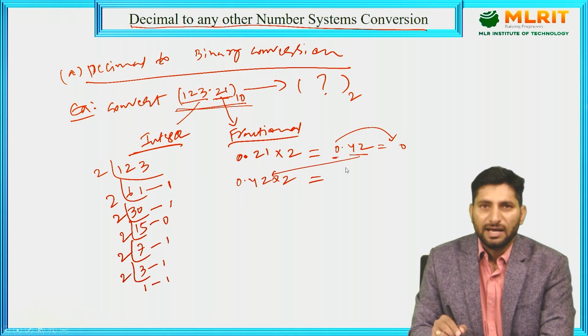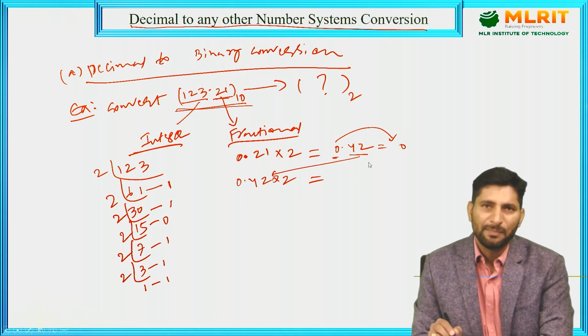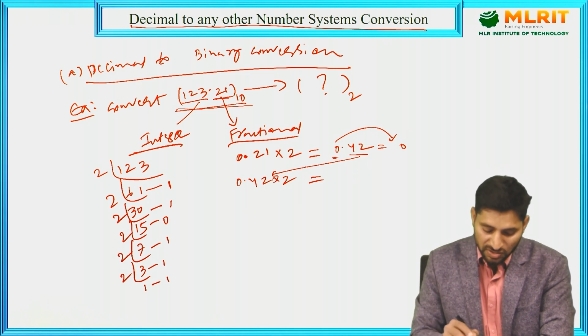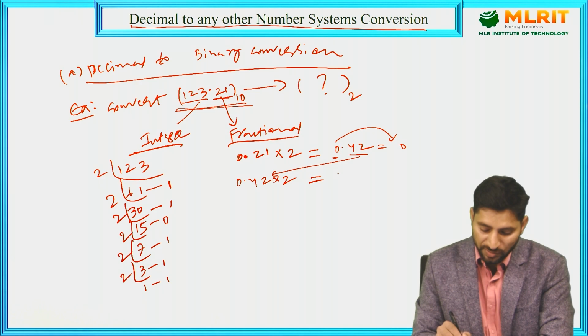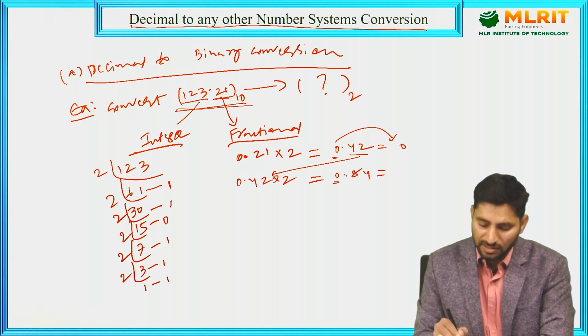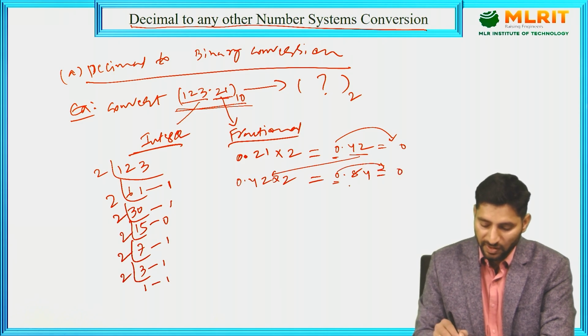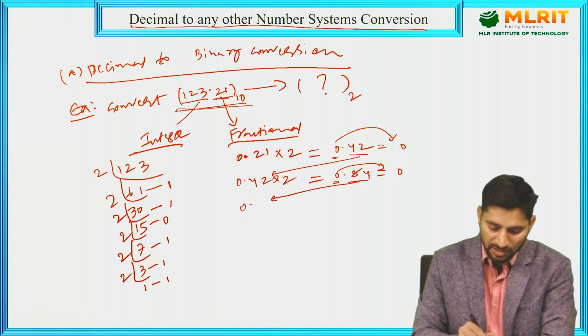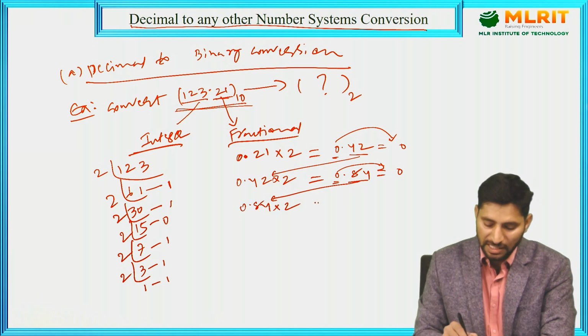Continue as long as the fractional part does not become 0. So 0.42 times 2 means 0.84. Again I got the integer part as 0; copy this fractional part and multiply it by 2.